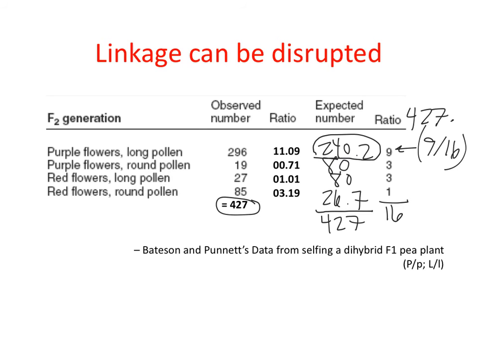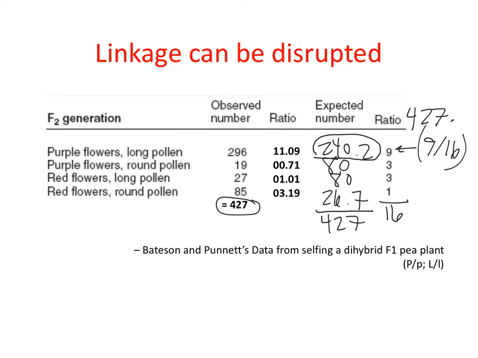That's it. So if you have something that's 0.05 or lower, you are 95% or better. Yeah, chance that it is the null. If you have a p-value of 0.05 or less, there's a 5% or less chance that your expectation is correct, that genes are unlinked.